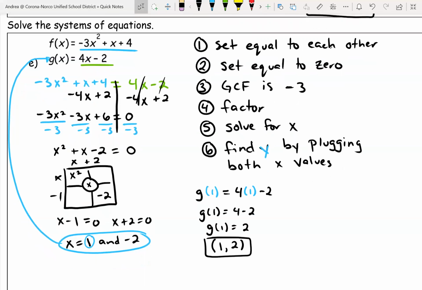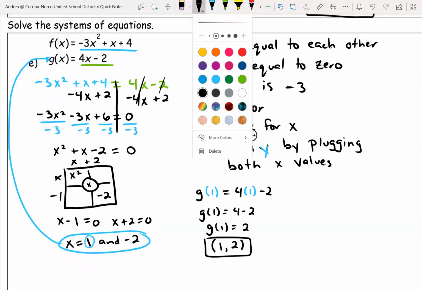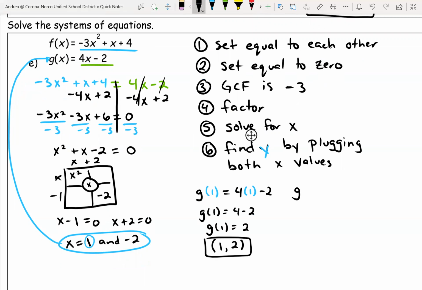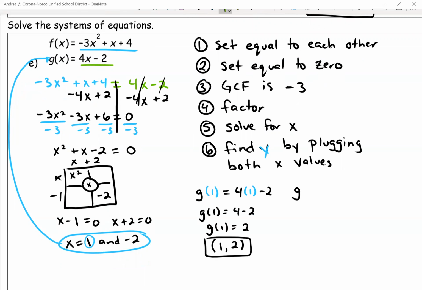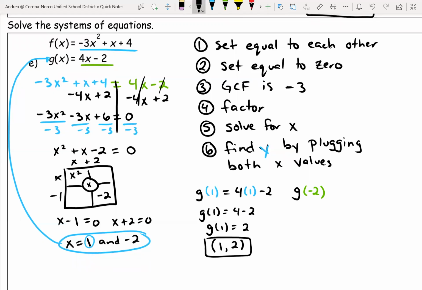We're going to do the same thing now, but with the negative 2. So I'm going to have g of negative 2 equals 4 times negative 2 minus 2.